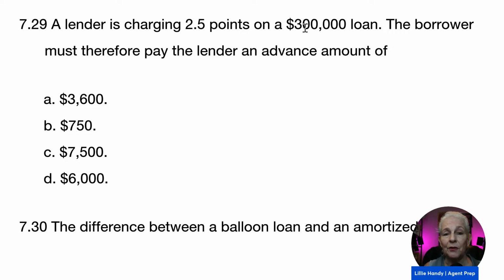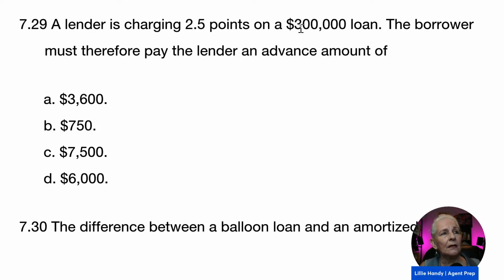So you end up with 3,000 times 2.5 is 7,500. $750 is way off. No way to even consider it. So you're multiplying 2.5 times 3.